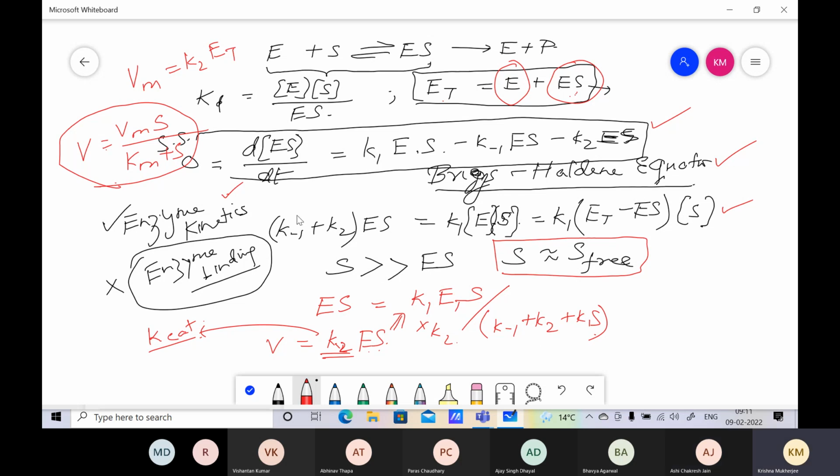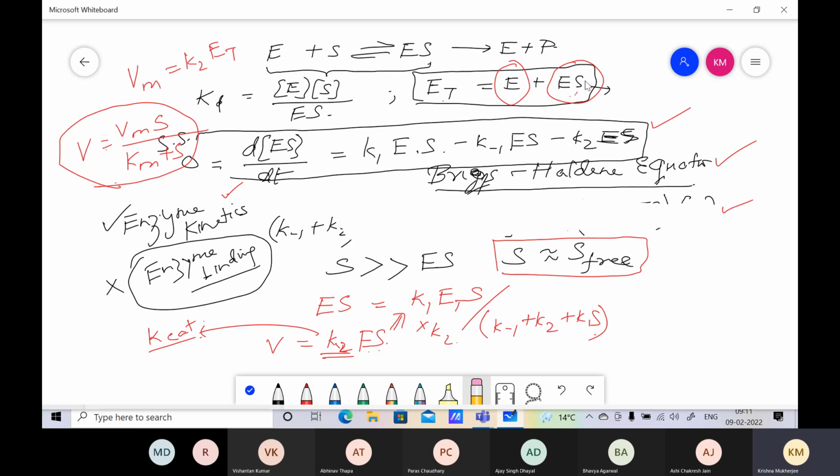Yeah, so this algebra you can handle, and you can now find out what is Km. It is no longer the dissociation constant, but it's actually K minus 1 plus K2 upon K1. So really the formulation is very simple, and you can see this very obviously.